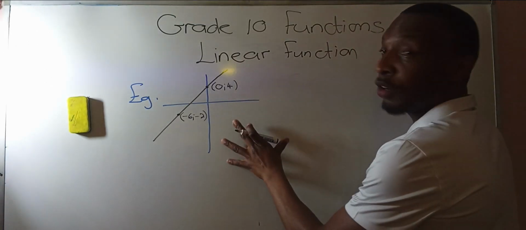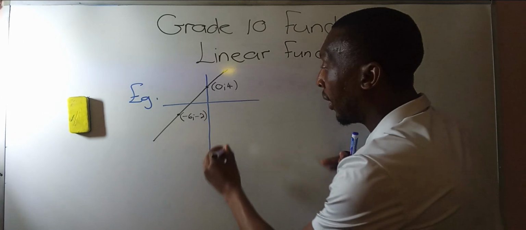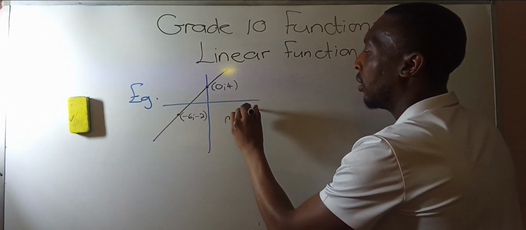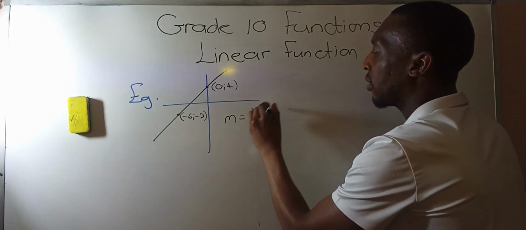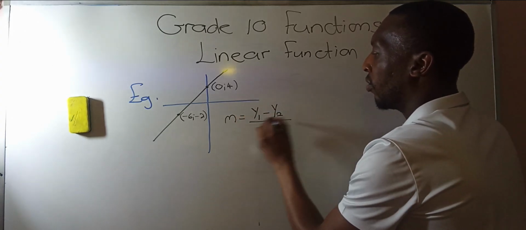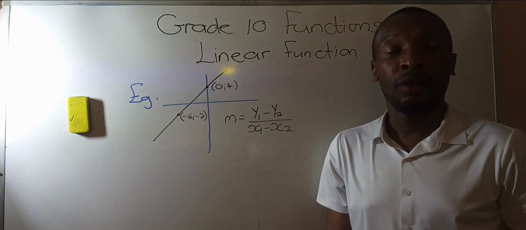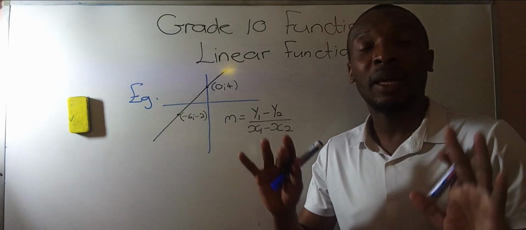All right, so let's answer the question. The first way would be to say my gradient is the change in y's over the change in x's. Remember, the 1 and the 2, I just said they are points.